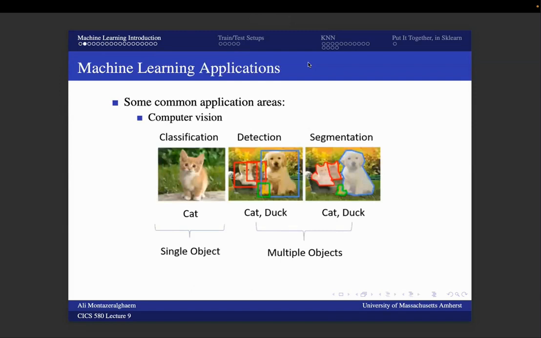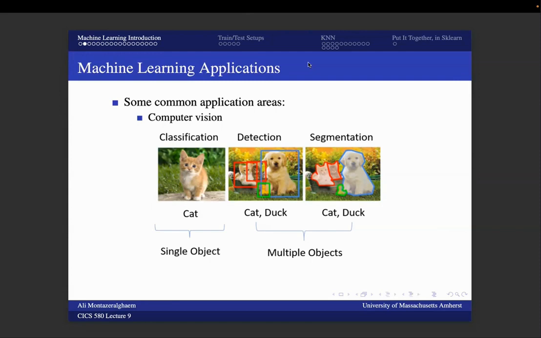There are some applications of machine learning, and the most common application in this area is computer vision. In computer vision, we mostly have three tasks. The first one is classification. In classification, the input is an image, and the machine should predict a label for this image.